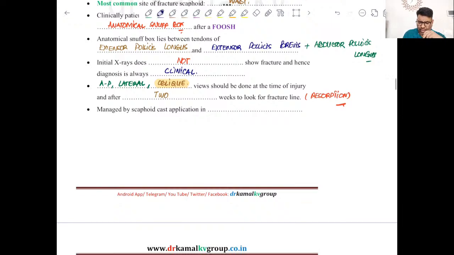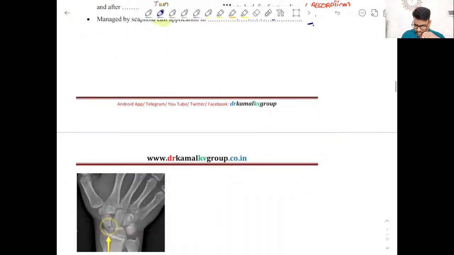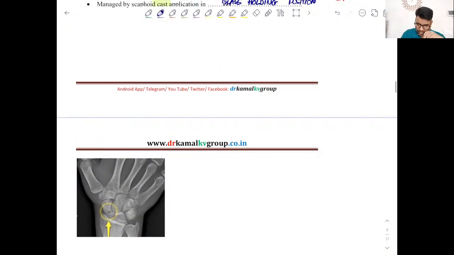And if the fracture is not that displaced, you can apply a scaphoid cast, and this is applied in glass holding position. Clear? So this is the way in which the cast is applied, right? So here you can see the fracture line like this, right?